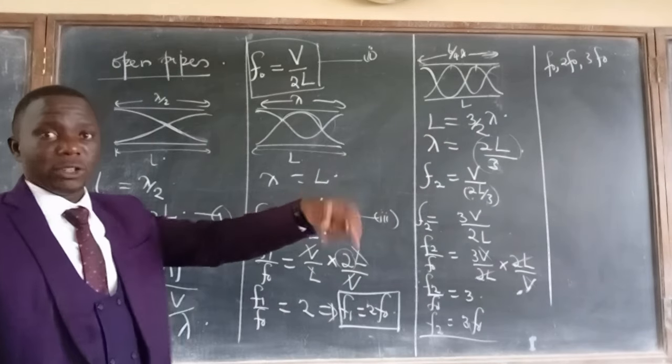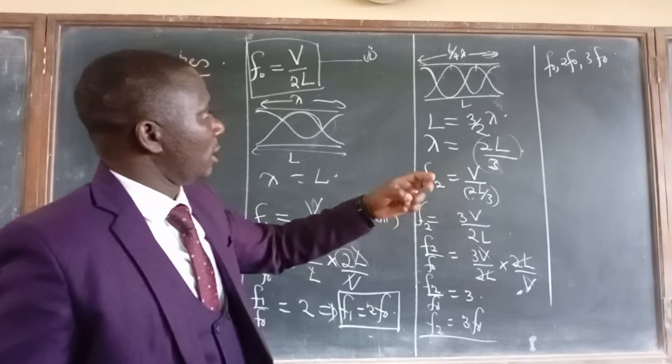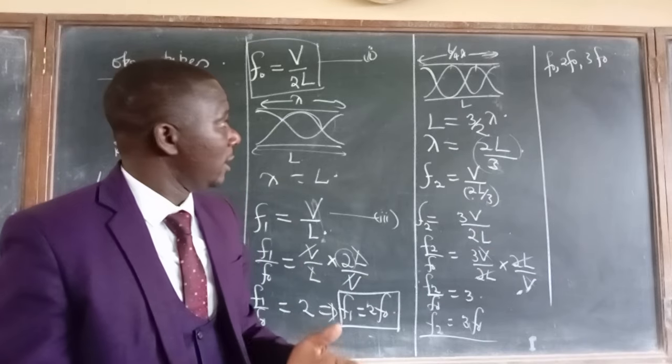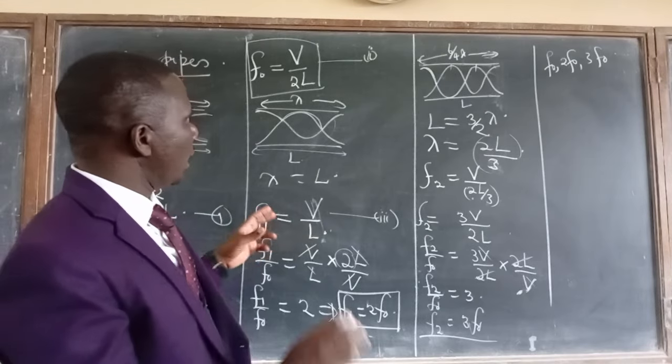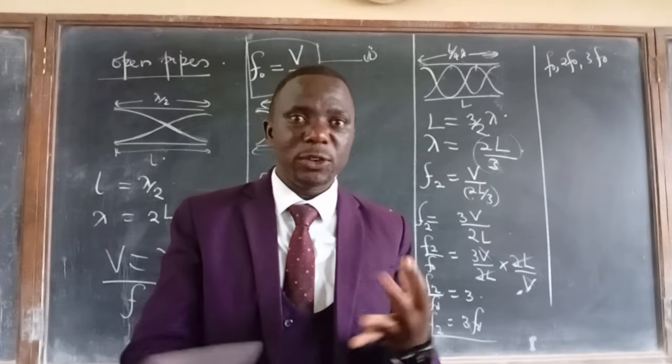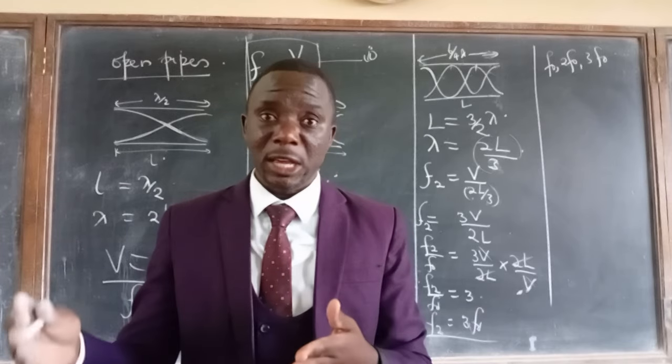If you do the fourth, the fifth, and others, it will also give you 4F0, 5F0, 6F0, and so on. Therefore, here it is giving us all harmonics. It is giving us F0, twice F0, thrice F0, and so on.